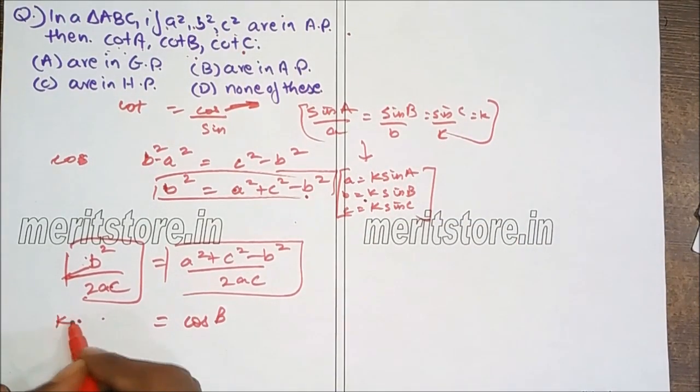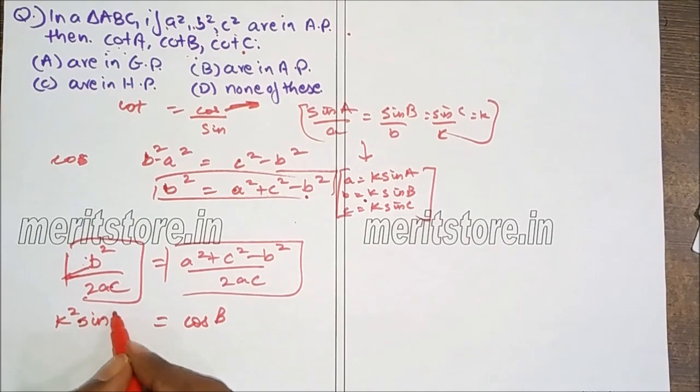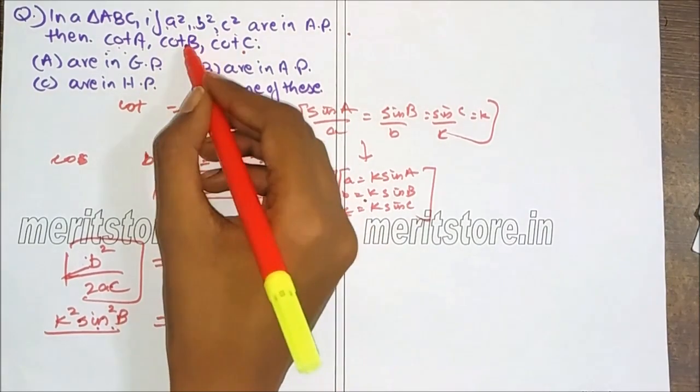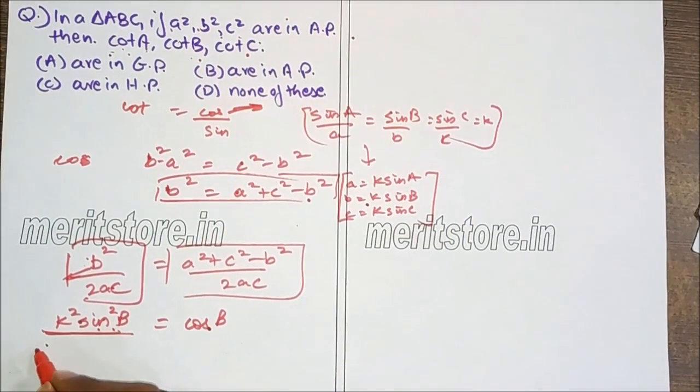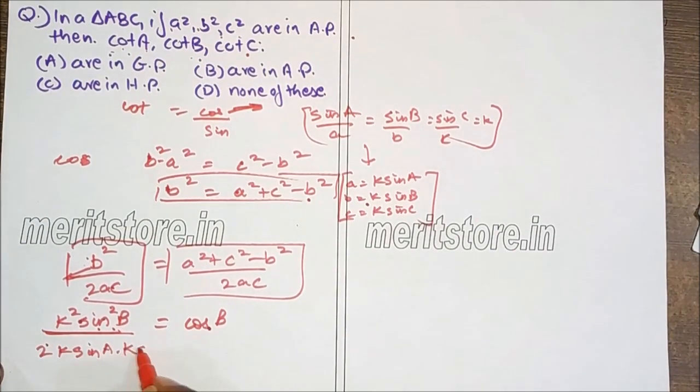So b square is K square sine square B. So we got sine B and cos B, so we got cot B indirectly, divided by 2 into K sine A into K sine C.